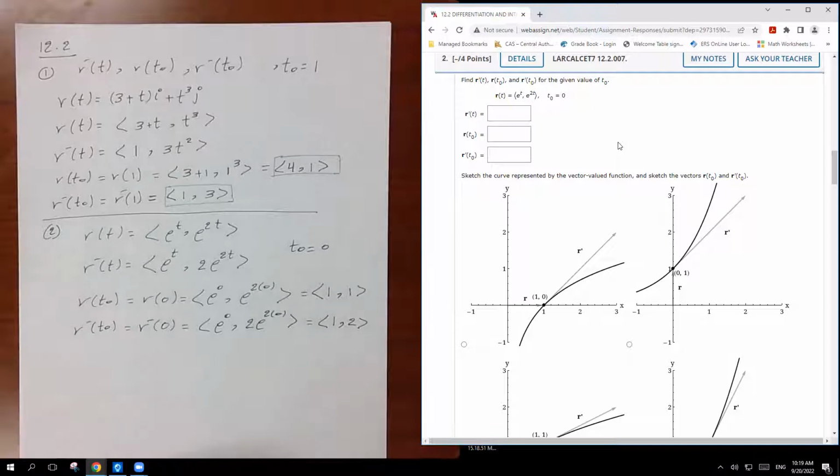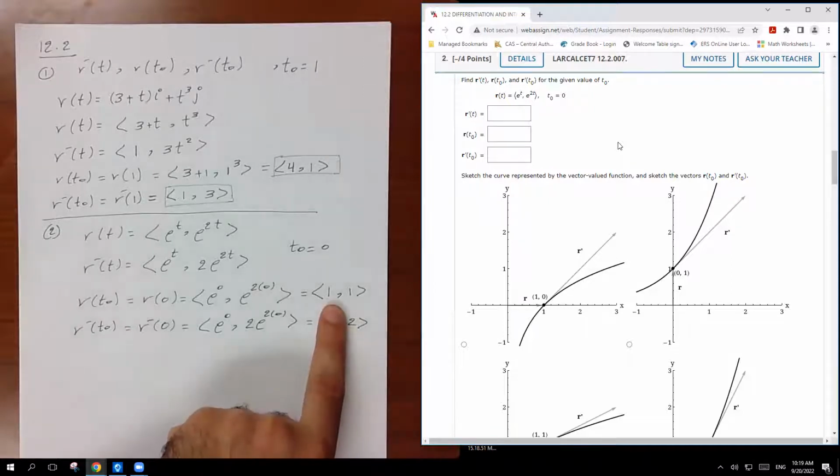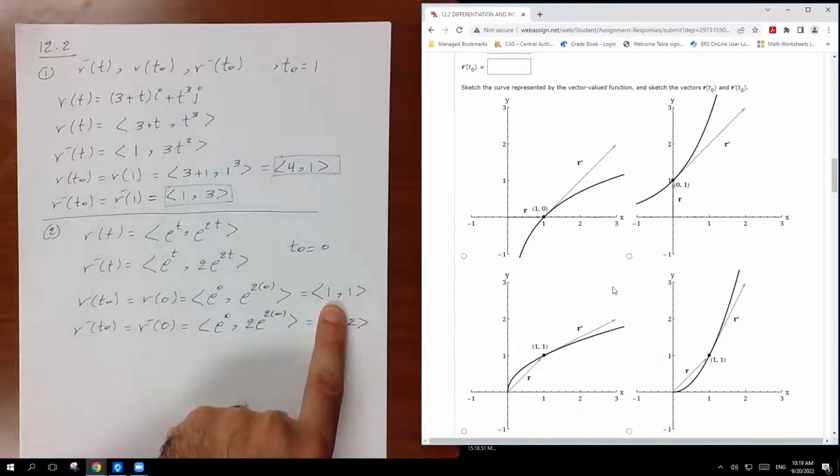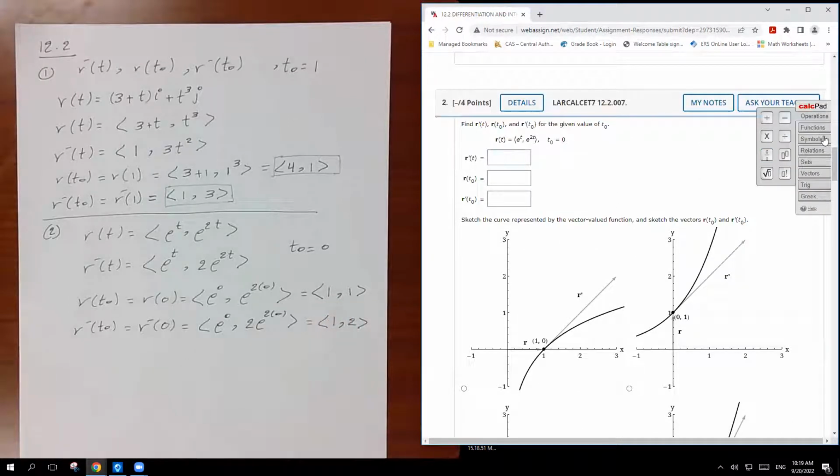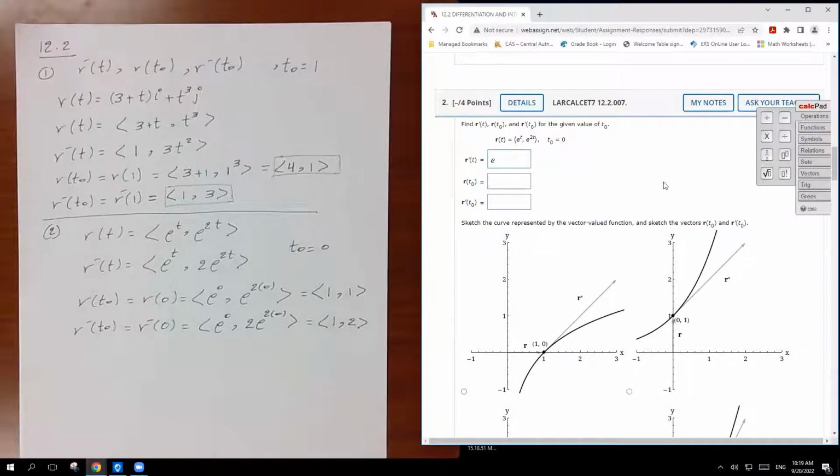Now we need to graph it. First of all, we have to graph the vector valued function, then we're going to graph the prime. So let's type these. r prime is going to be e to the t. I think I can use this one.